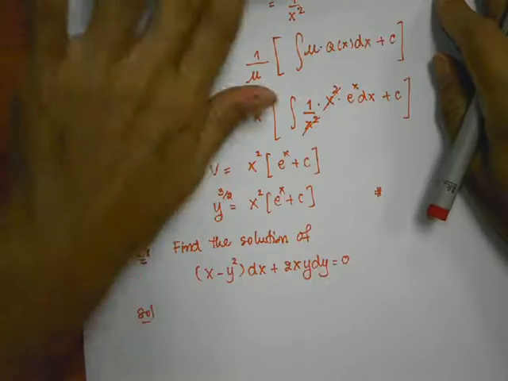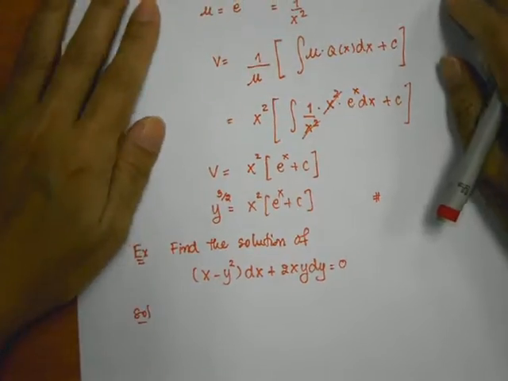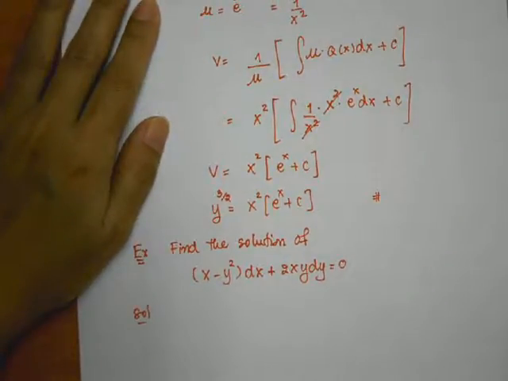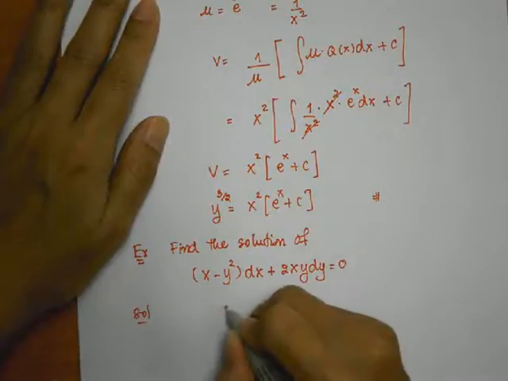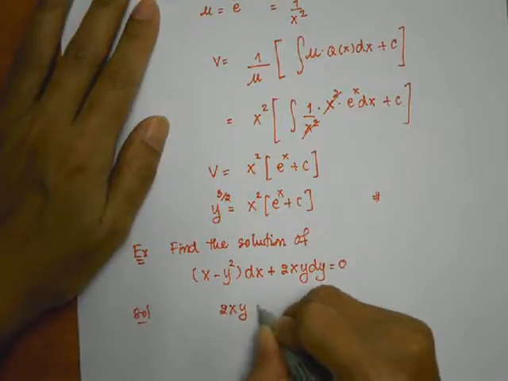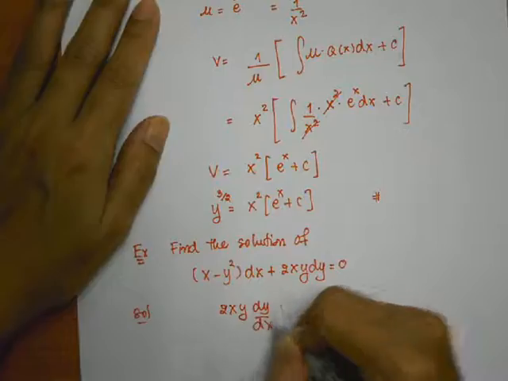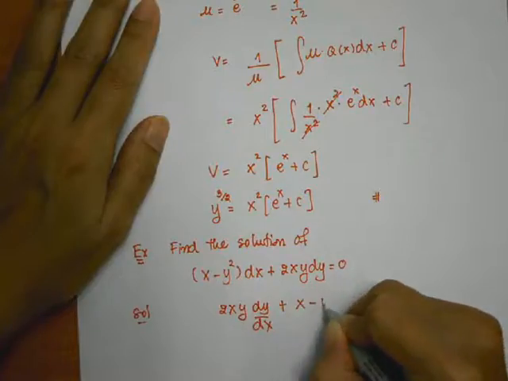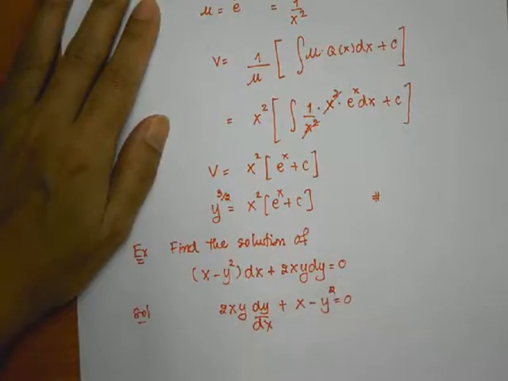a separable equation, the way that I'm going to do it is write it in terms of dy by dx. In that case, I've got to divide the whole equation by dx, right? So I would get 2xy dy by dx plus x minus y squared equal to 0.